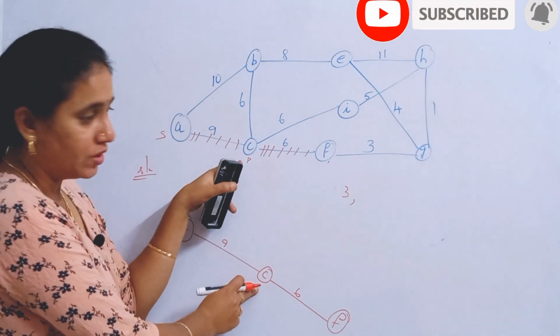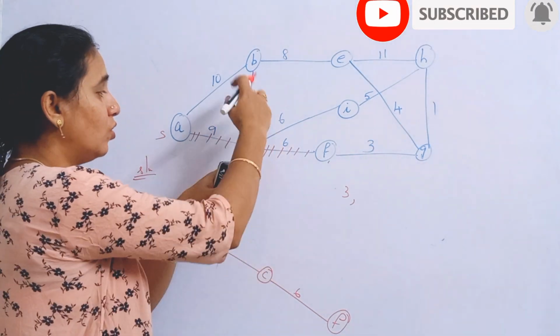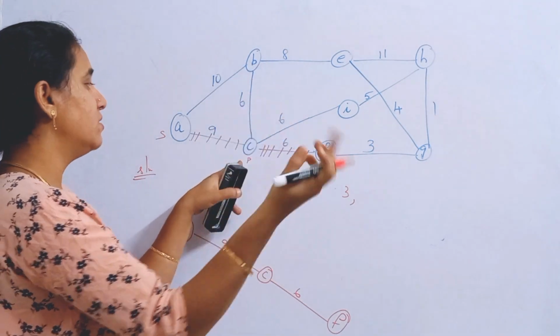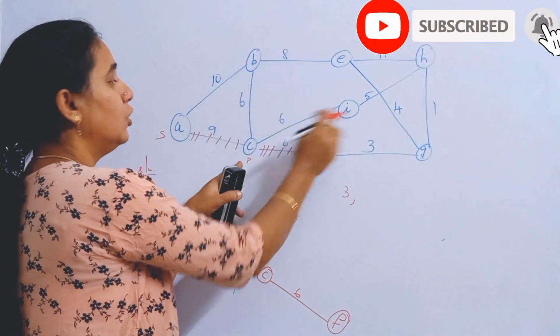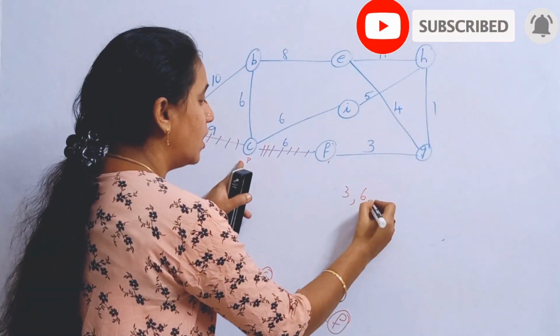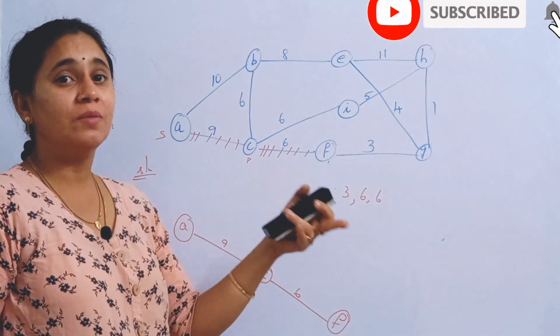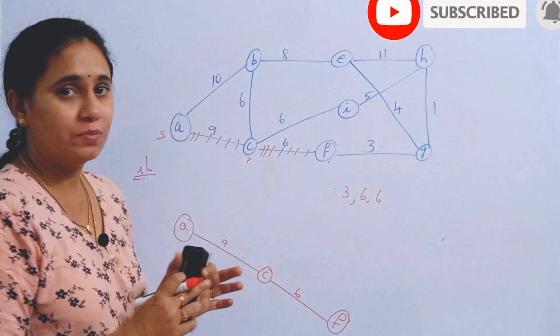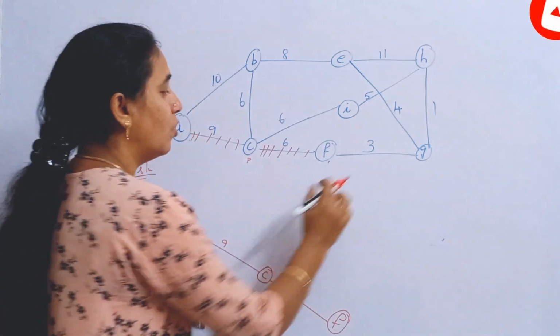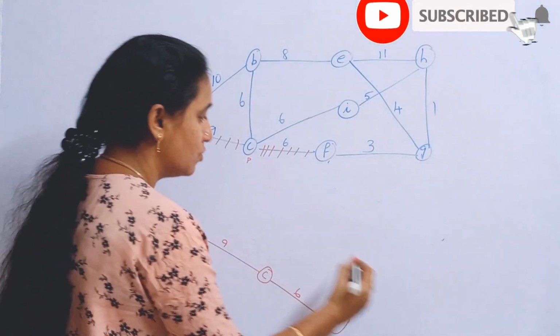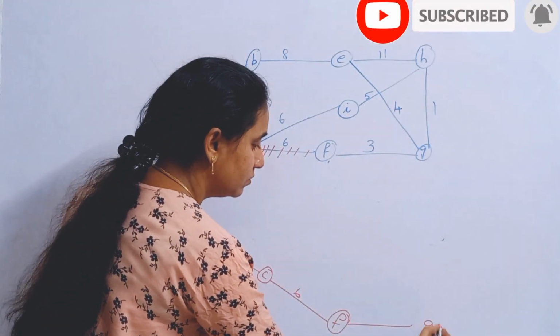C is the previous vertex. Okay, so what are all the unselected edges that are adjacent? C to B, C to I, isn't it? So the values are 6 and 6. Now from this, select which is minimum. So 3 is minimum, isn't it? So now I am going to draw this one. Okay, so F to G.